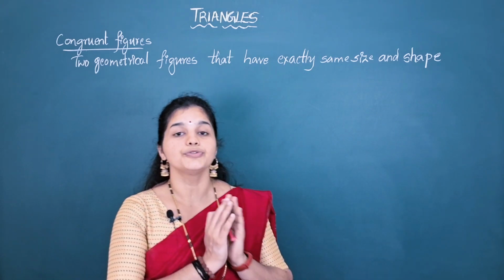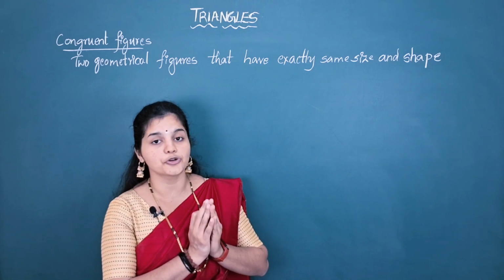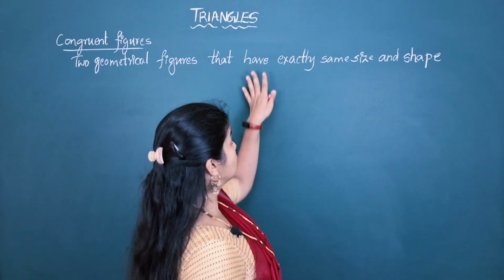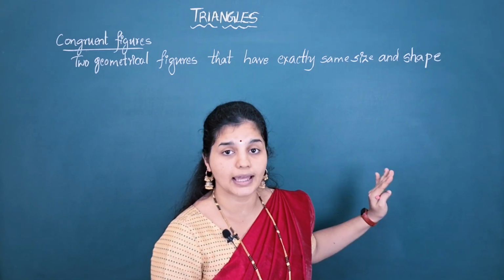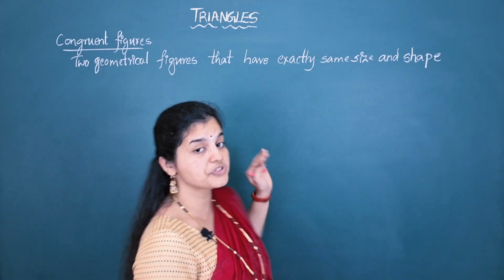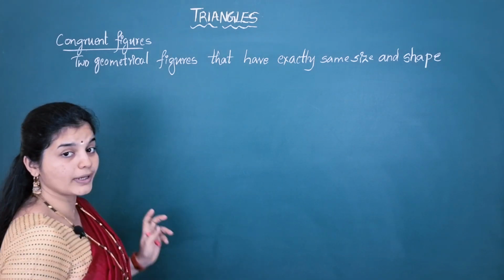Okay, two geometrical figures or geometrical shapes which has exactly same size and same shape are called congruent figures.